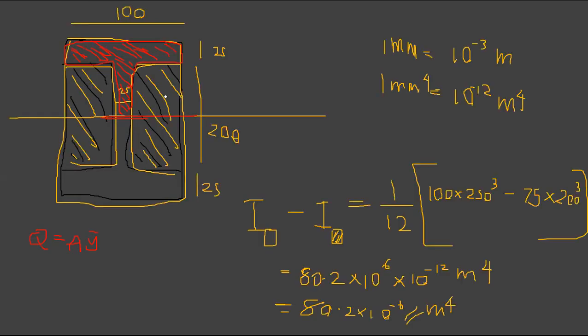This is also 100, right? So what you can do is 100 into 25 plus 100 into 25 plus 100 into 25, into moments about this axis.